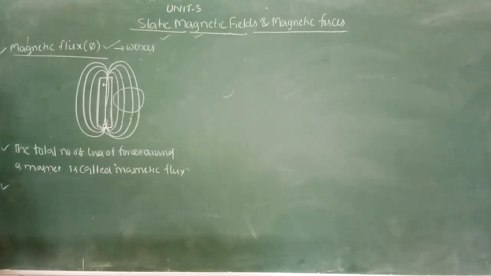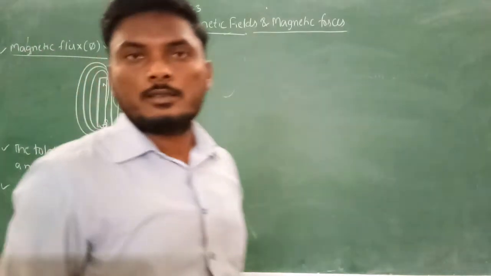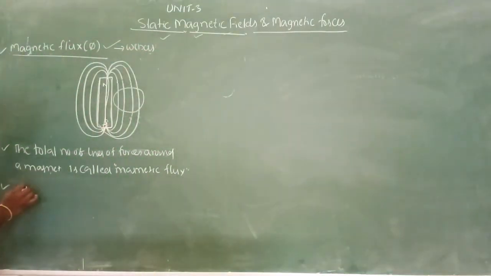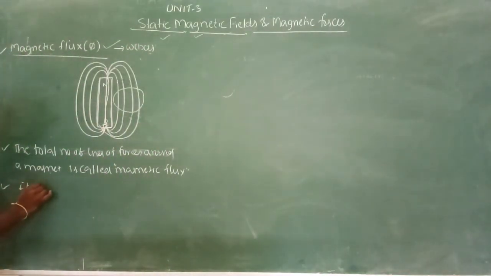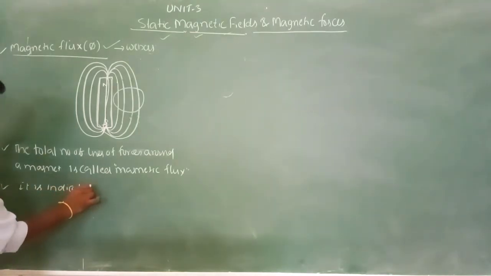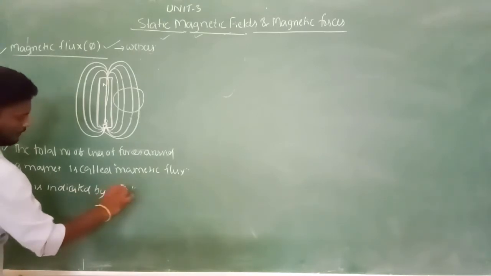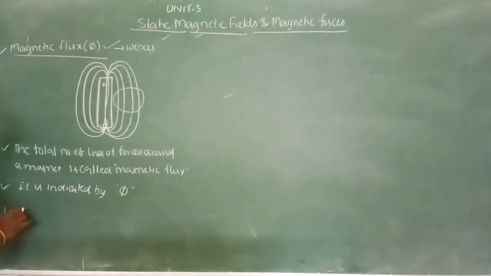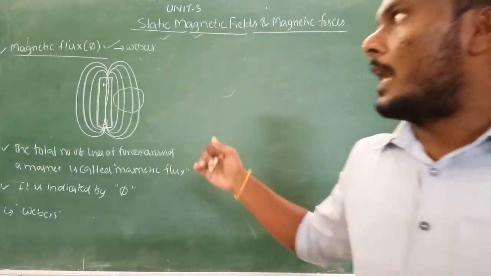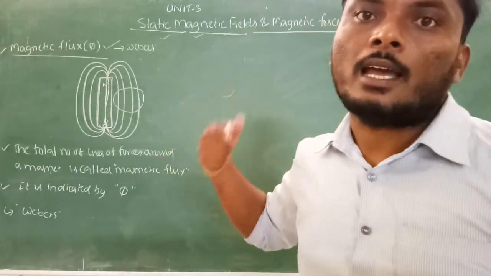And how can you represent that magnetic flux? The symbol is phi, and it is measured in the unit Webers. This is about your magnetic flux. So magnetic flux is analogous to electric flux in electrostatics.